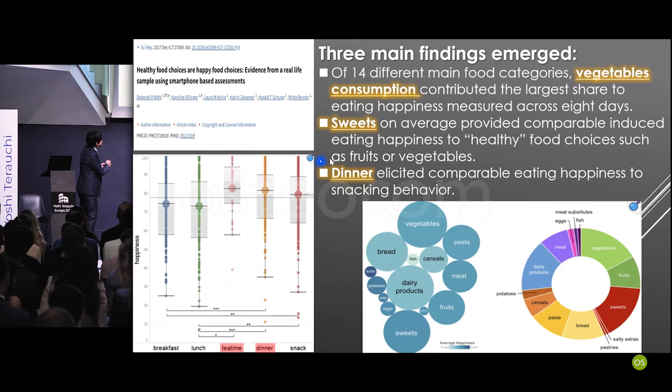But sweets on average provided comparable induced eating happiness to healthy food choices such as fruits or vegetables. So when the patient is really depressed, tell them to eat sweets. Then they will be happier. This is how I advise my patient to do.